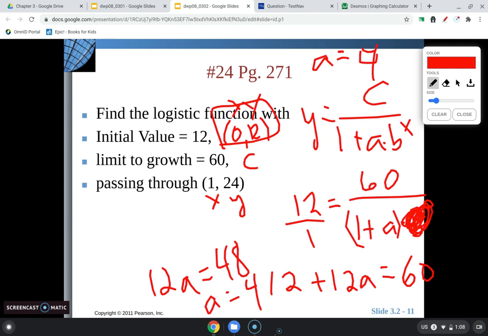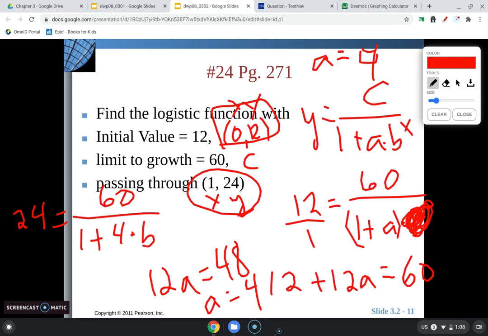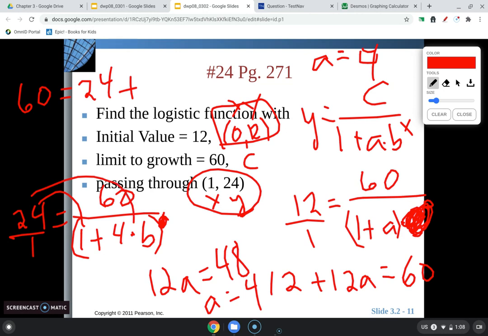All right, to find the b value, we're going to use this point. So 24 equals 60 over 1 plus 4 times b to the x. This time x is 1, and b to the first is just b. So that's 1 plus 4b. We can cross multiply again. So 60 equals 24 plus 24 times 4 is 96b. Subtract 24.